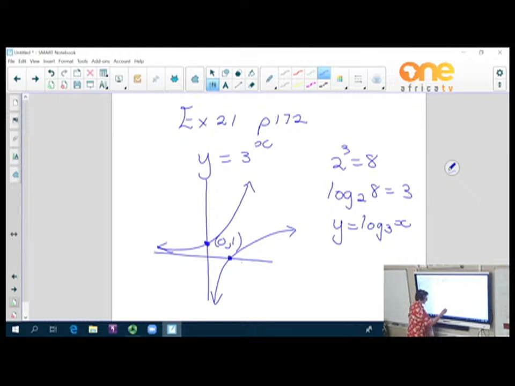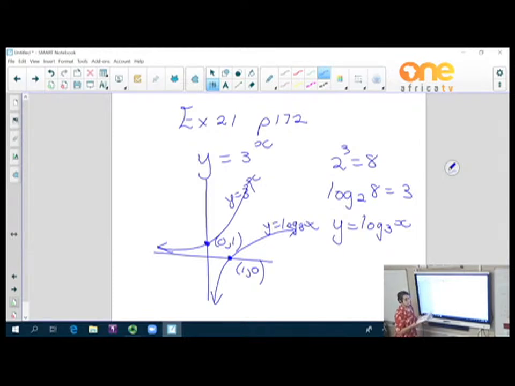It will cut here at (1, 0). Remember to label them: y is equal to log base 3 of x, and this is y is equal to 3 to the power of x. And that is how that inverse graph will look. And basically, they are all going to look the same.